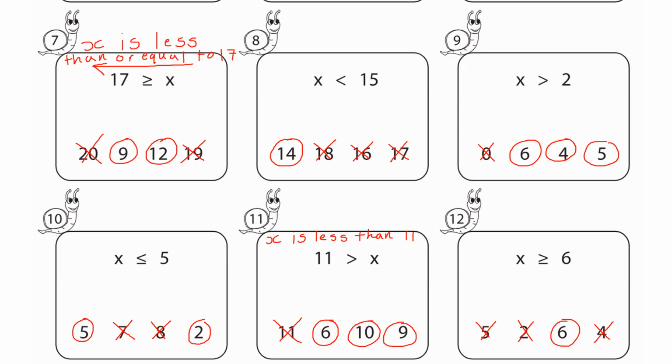The numbers are 5, 2, 6, and 4. The only number that is equal to 6 is 6 itself, because the other numbers are less than 6. Very good. And so we only can include 6.